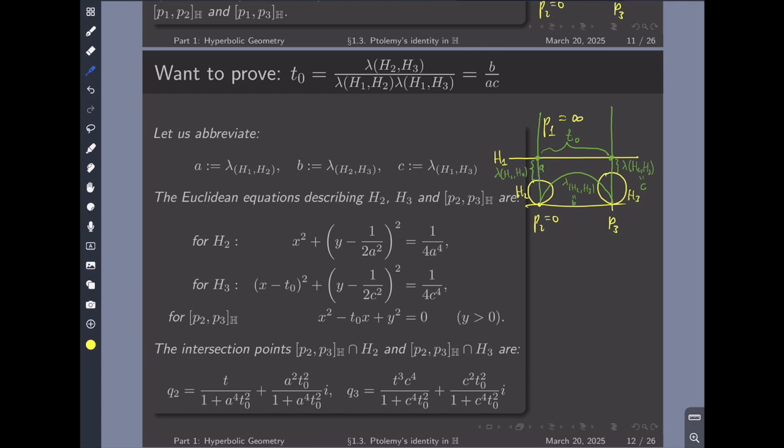The lambda length, which is the exponential of plus or minus a hyperbolic length. And this is why here it appears in the denominator. This I'm completely sure. Now you made me hesitate.